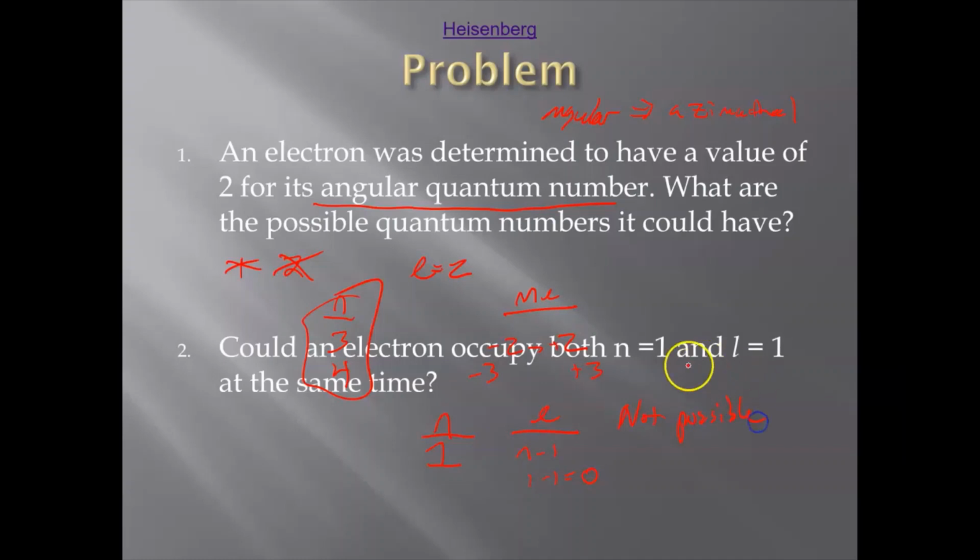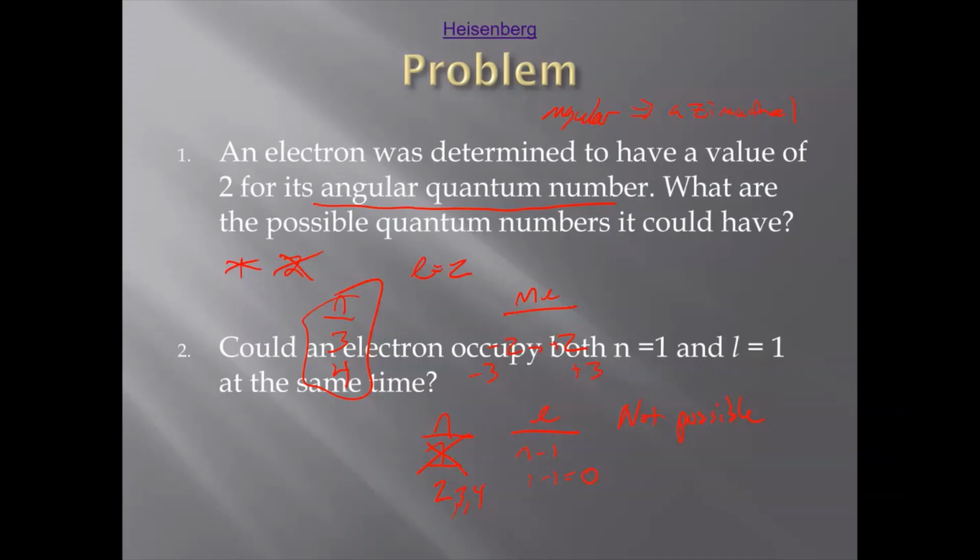If you wanted to make it a possibility, then your N can't be 1. It's going to have to be 2 or higher, 2, 3, or 4. All right, so that's where that comes into play yet again, is knowing how you utilize these different quantum numbers and knowing the individual rules for each of those.